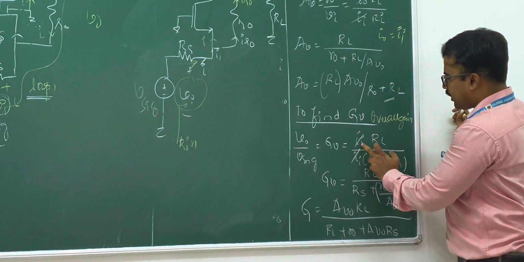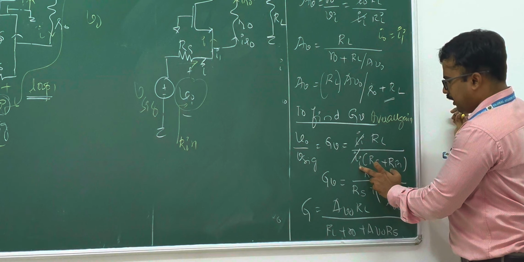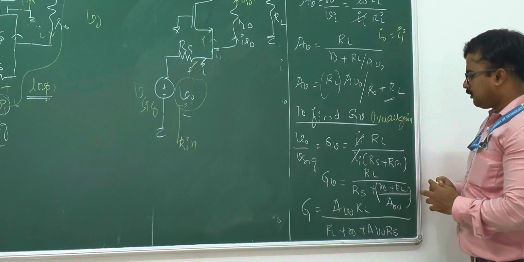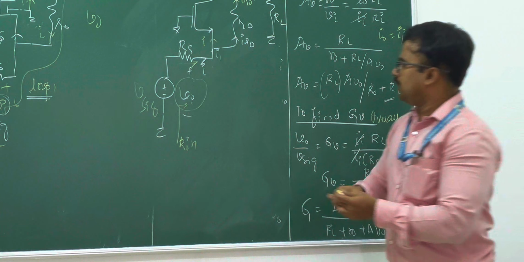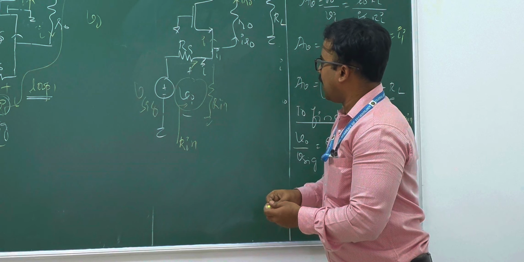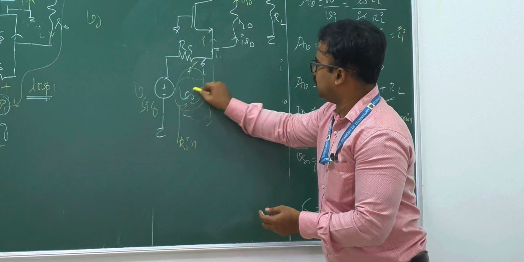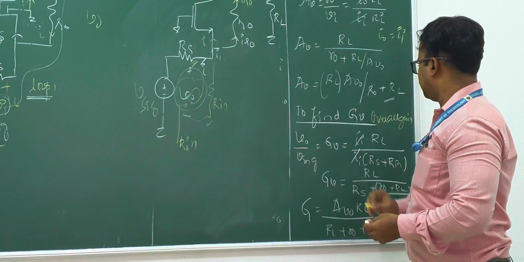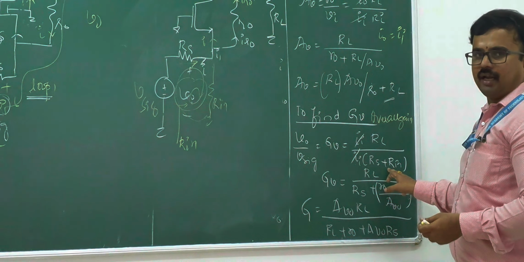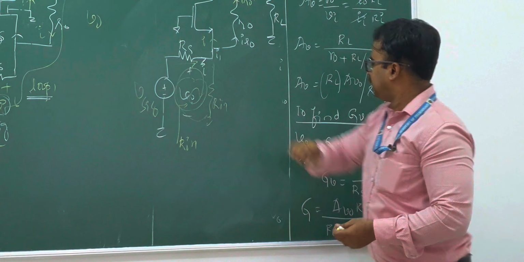Vo can be written as Ii into RL, divided by Vs, which is nothing but the current flowing through the input. See, if I consider an imaginary Rin, the current flowing through this is Ii. So you have two series resistances, Rs plus Rin. Rs plus Rin forms a series resistance.